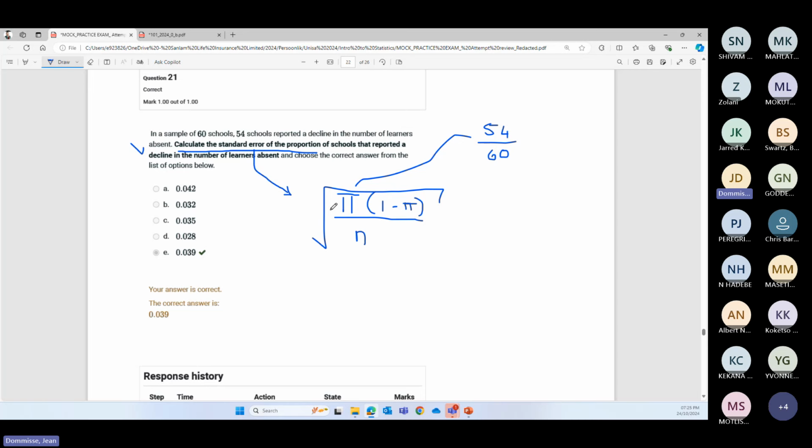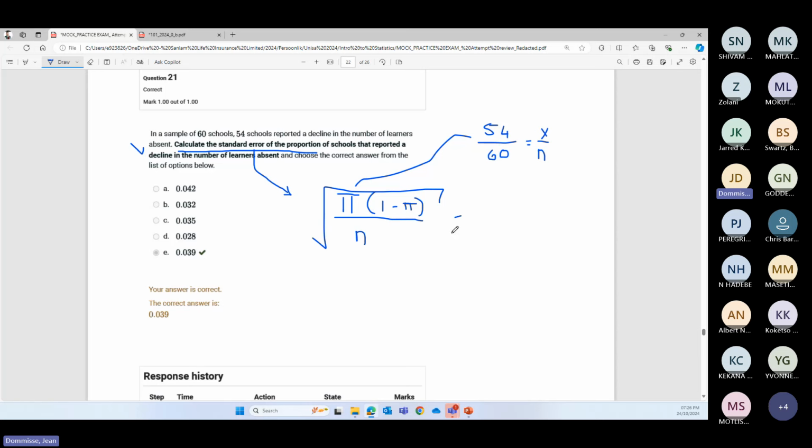So you have identified the two numbers, but remember, it's x divided by n. So your proportion will always be a fraction. So that would have been the 54 divided by 60. And then the other one would be 1 minus 54 divided by 60.